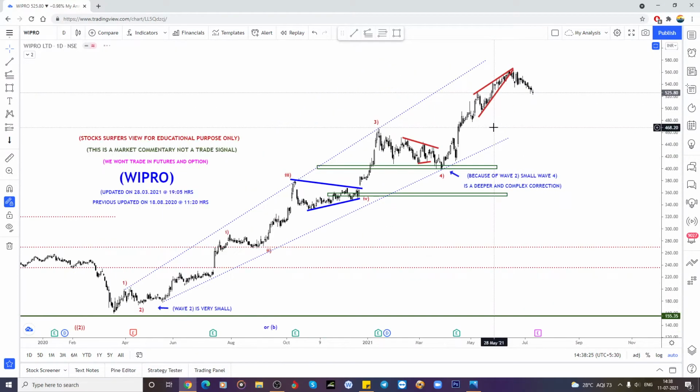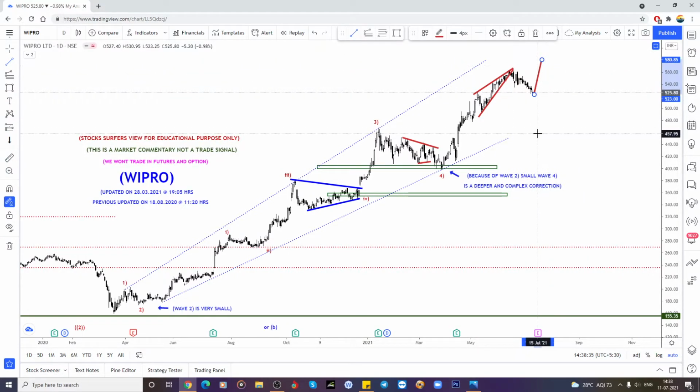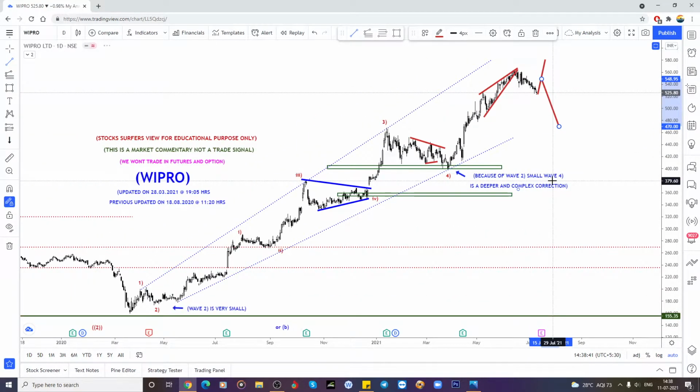Sometimes the third wave can be this kind of wedge formation. So 1 2 3 4 and one more wave to the upper side is also possible, but this can also do. So what we have to do, nothing.